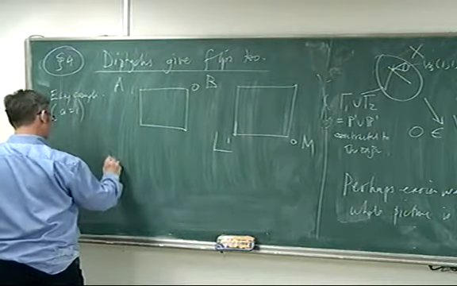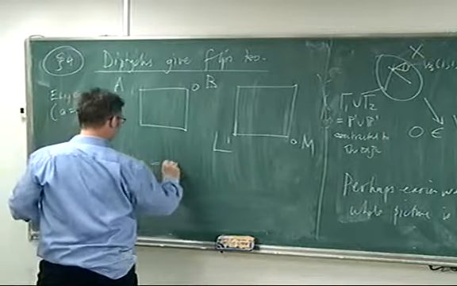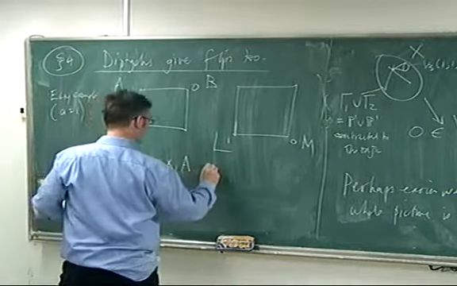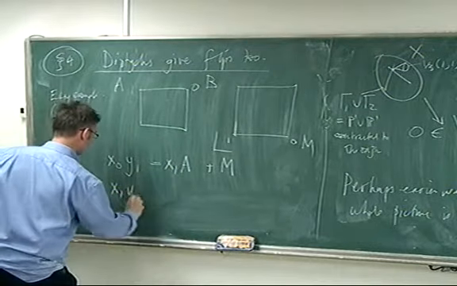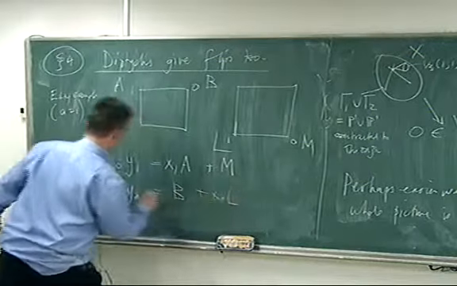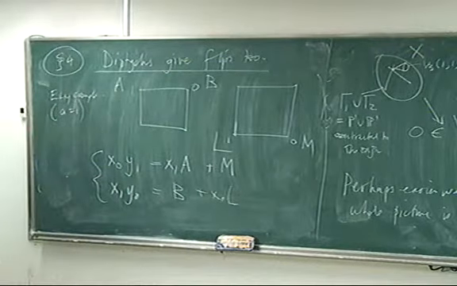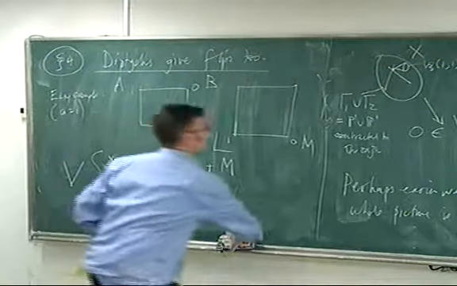What it really meant was, the way we're going to use it is just by writing down the equations. x1a plus m, this is exactly what Miles wrote, is b plus x naught L. So this is my diptych V, or VABLM.